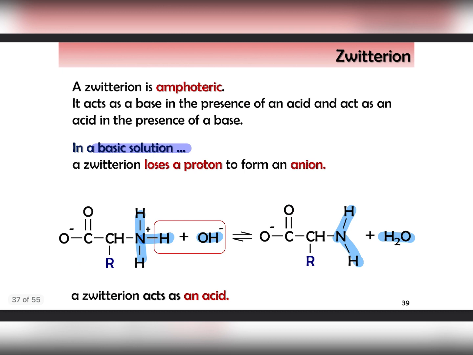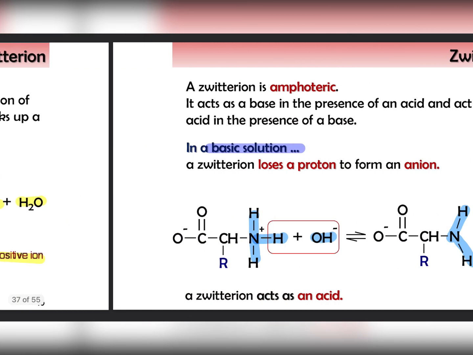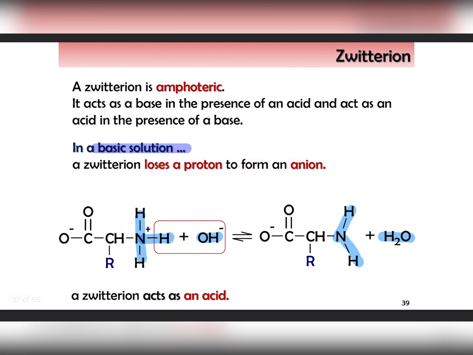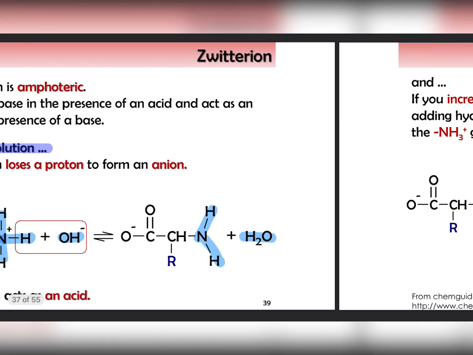So another way to remember this, if you find it difficult to remember, for basic solution you can see here the positive reacts with OH minus, which is negative. So then they can react together. So you will form this part, NH2, and then an H2O molecule.